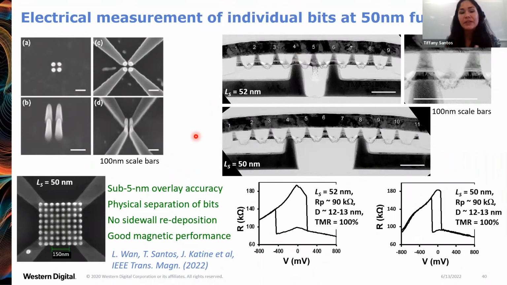You can see physical separation of the bits, and we know that we have adequate removal of the sidewall deposition because we're able to make electrical measurements showing good magnetic properties, because the TMR is at 100% for these very small bits.